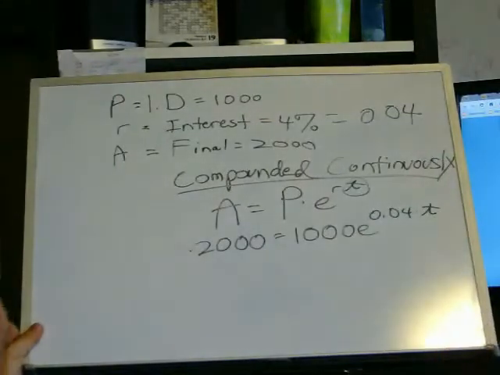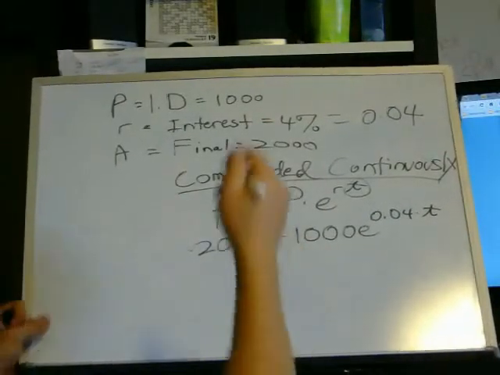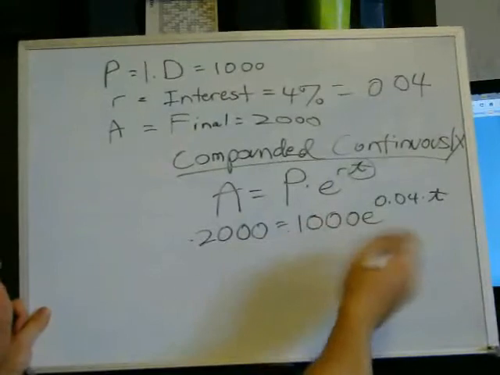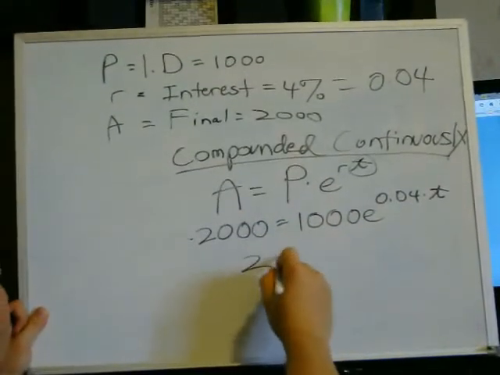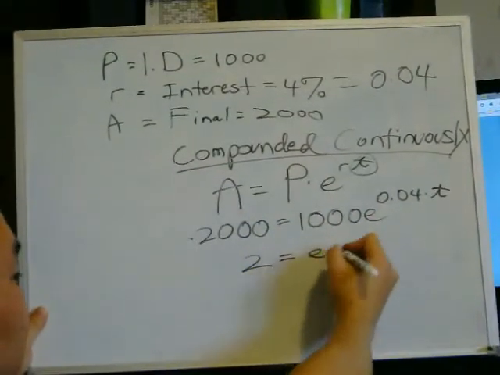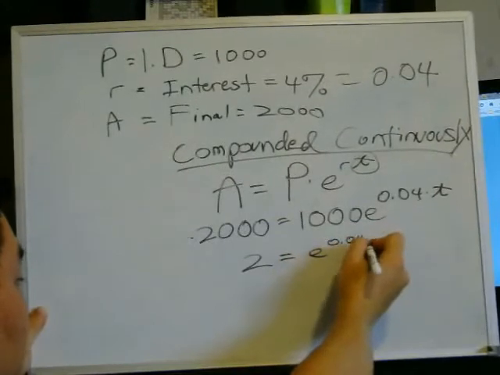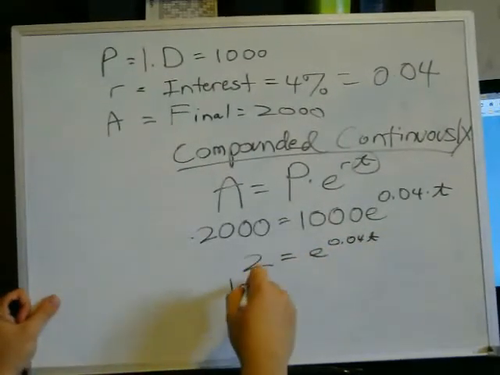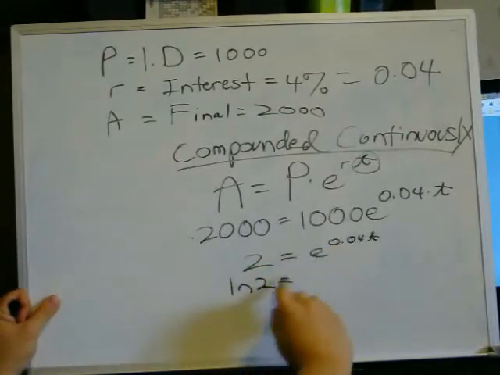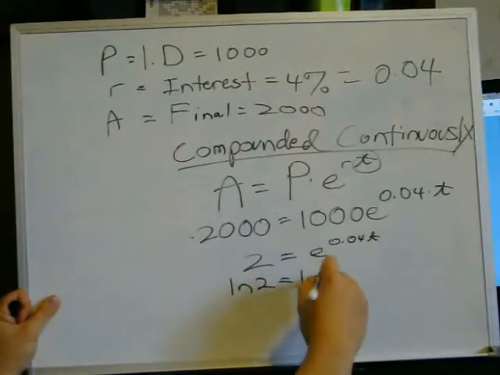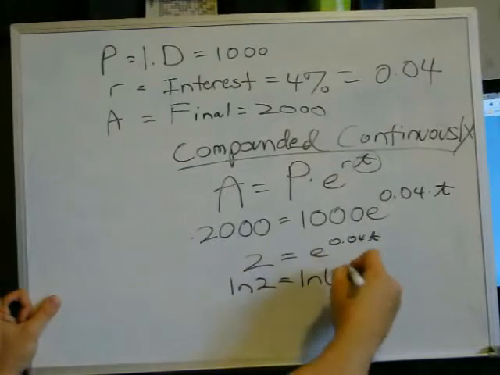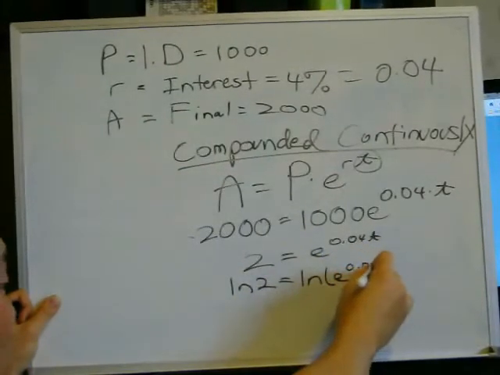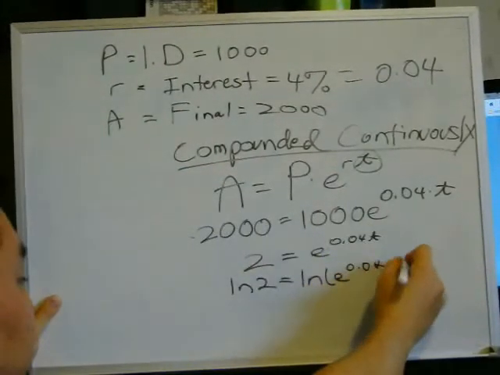And this is basically the same problem as your second problem. So divide 1,000 on both sides, you'll get 2 equals e to the 0.04 t. To get rid of this e, take the natural log of both sides, so you get ln 2 equals ln of e to the 0.04 t.